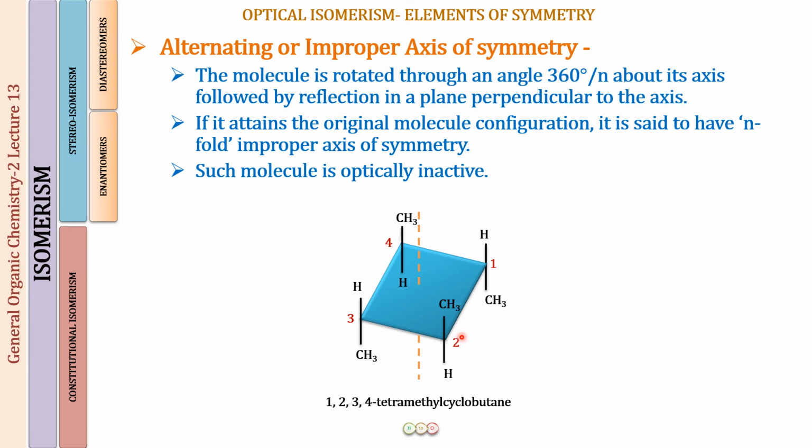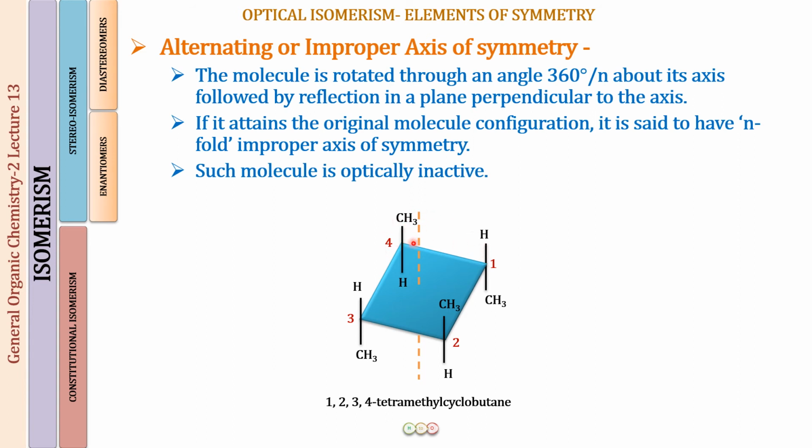Does this molecule have any axis of symmetry? First of all, think about that, right? So if I start with this carbon, I can just rotate it by an angle of 90 degrees. What I will have is the hydrogen will come here and the CH3 will shift further. But then I can start with this as carbon number 1 because all of the 4 carbons are identical. All 4 of them have the CH3 groups.